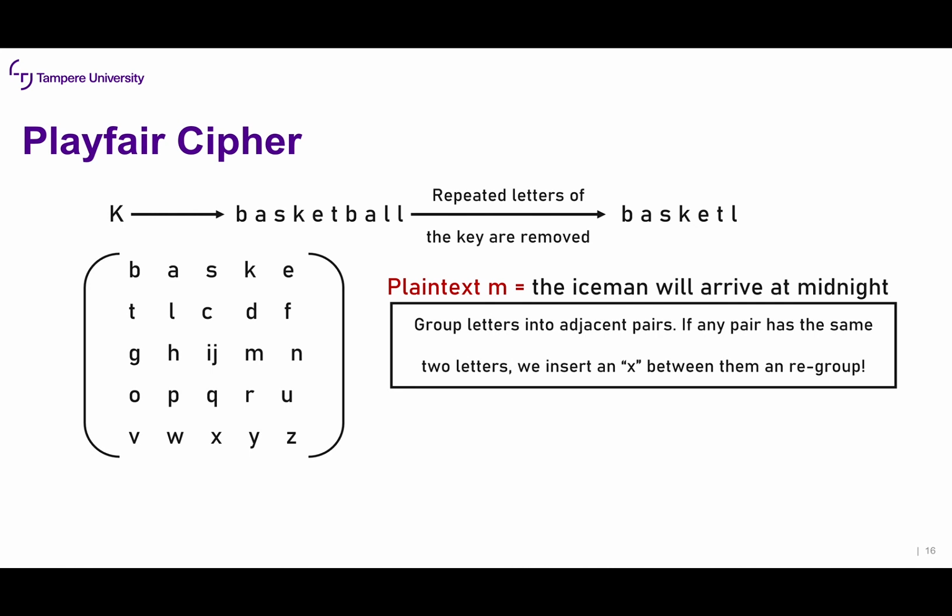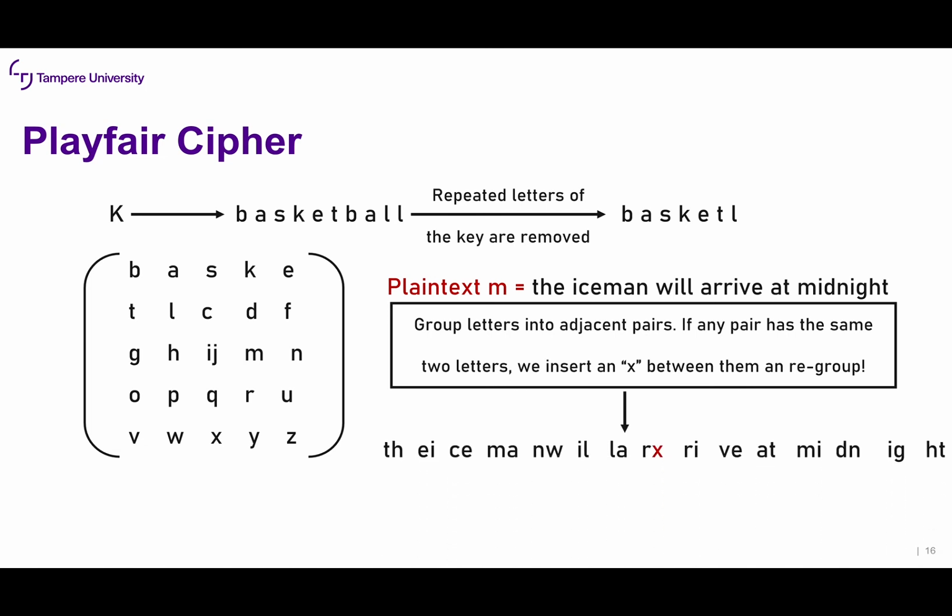So let's see how this works. We need to split our plaintext into blocks, into pairs of letters. And if we find a block that has the same two letters, we need to insert an X between them and continue the regrouping with the rest of the letters.